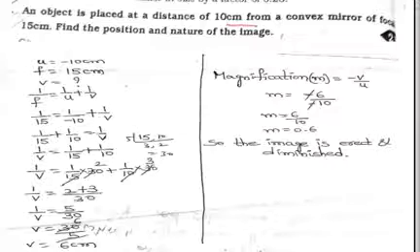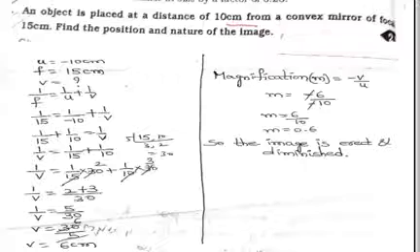So 1 by 15, and minus 1 by 10 will become plus 1 by 10. So 1 by 15 plus 1 by 10 equal to 1 by v, which we can write as 1 by v equal to 1 by 15 plus 1 by 10.